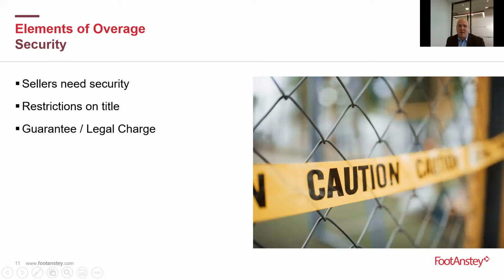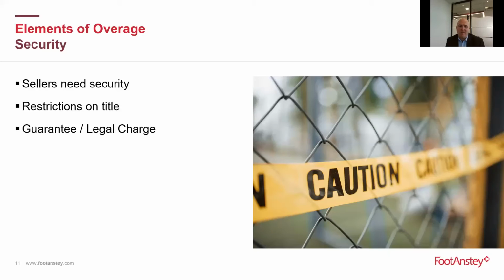The next key element is how payment is going to be secured. This could really be a topic on its own, and we don't have time today to run through all the ramifications and issues with securing overage. However, suffice to say that it is a crucial element of an overage clause that needs careful consideration. A contractual obligation without any form of security is likely to be unacceptable to a seller unless the buyer is particularly strong, both financially and in terms of reputation.